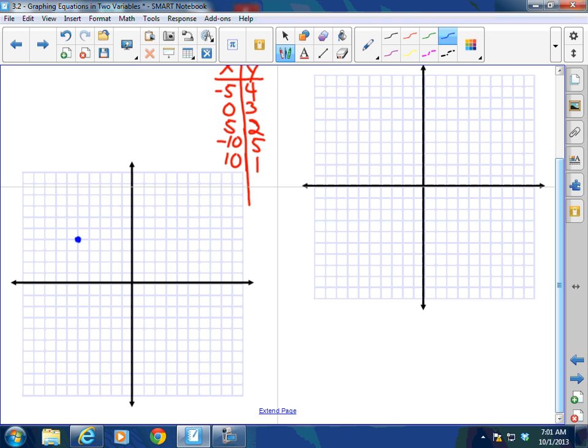I've got 0, 3. I've got 5, 2. I've got negative 10, 5. And I've got 10, 1. Connect the dots. Put arrows on both sides, and you're done.